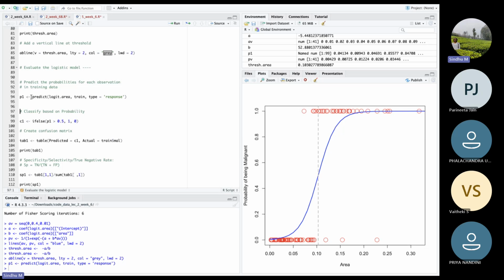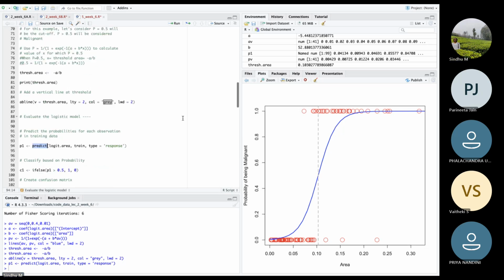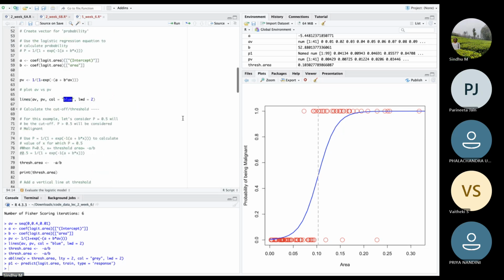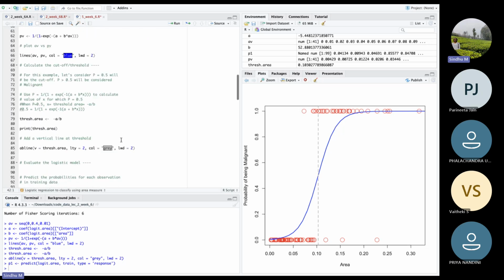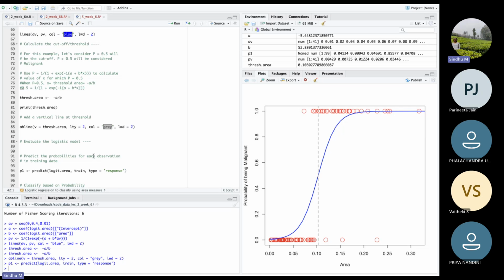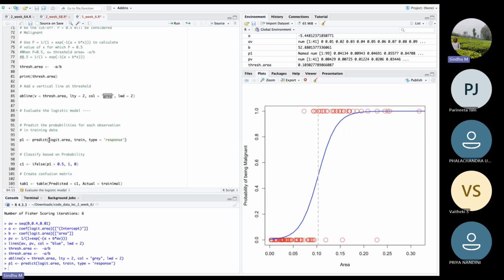For doing that, we are using the predict function, and we have to predict with the model that we have built, which is logit.area. For the input to the predict function, the syntax is that first you have to write logit.area.